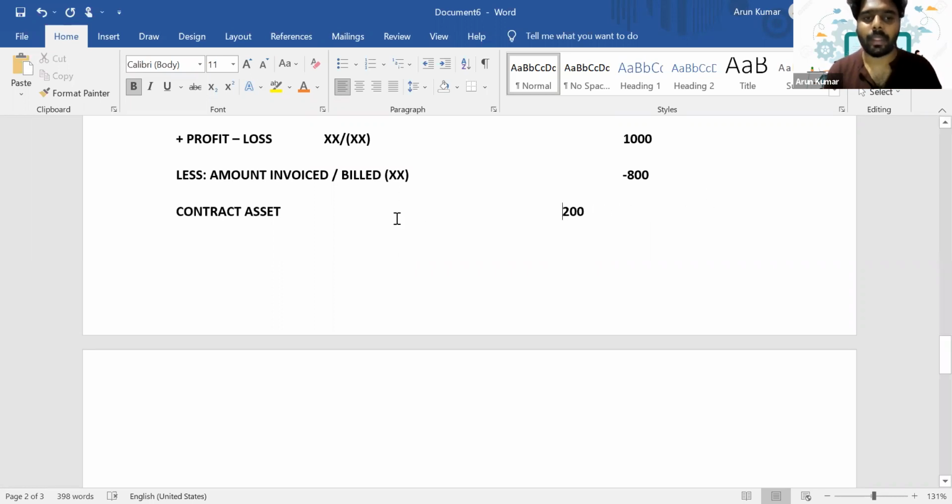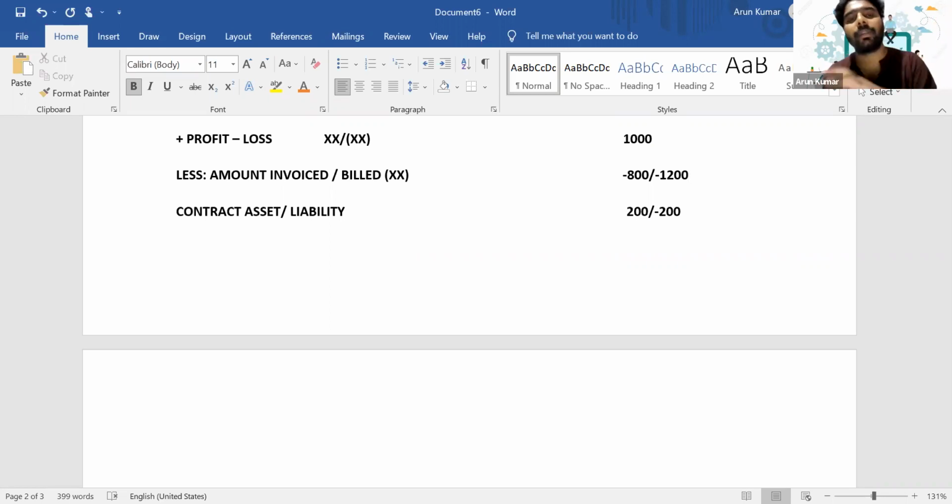Is it clear, guys? Let's say the amount due from the customer is 1,000, but we have billed for 1,200. Then it will lead to a contract liability. So that's a question scenario where we have billed for 1,200, but actually we are only eligible for 1,000. In that scenario, it will be a contract liability.